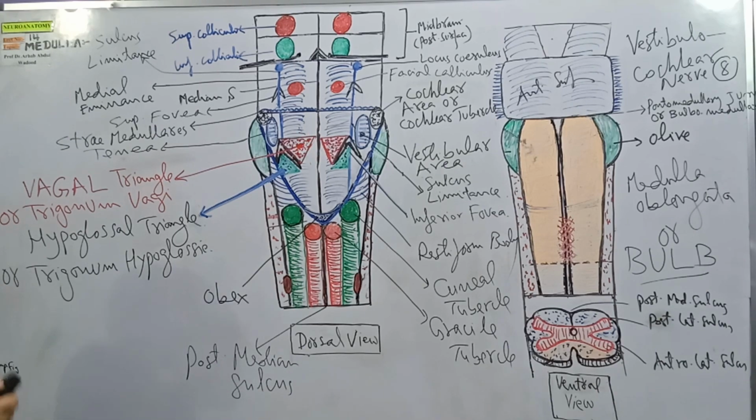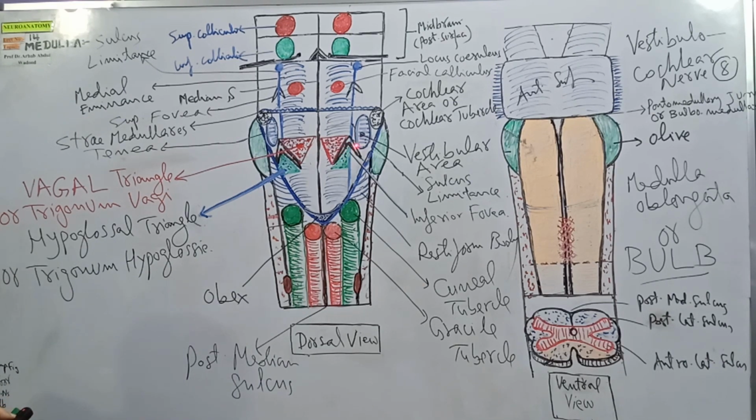The vagus nerve has many nuclei. Now below the inferior fovea, again there is a triangular area, but here the apex is above and the base is below. This is called the hypoglossal triangle, trigonum hypoglossi. Why? Because here the nucleus of the 12th cranial nerve, the hypoglossal nerve, is situated.